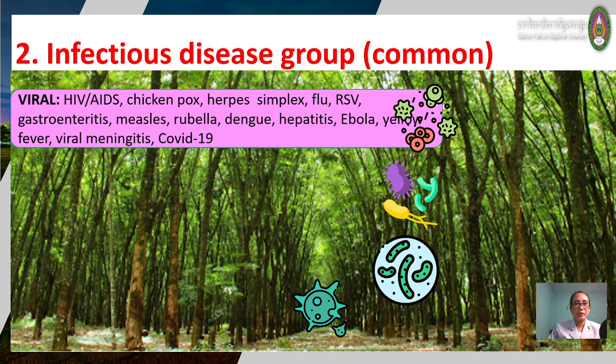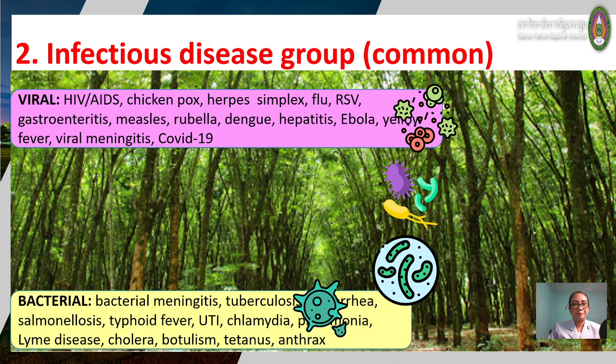I just chose common infectious disease groups, and for viral, this includes HIV/AIDS, chickenpox, herpes simplex, flu, RSV, gastroenteritis, measles, rubella, dengue, hepatitis, Ebola, yellow fever, viral meningitis, and what we are having now, the COVID-19 viral infection spreading all over the world.